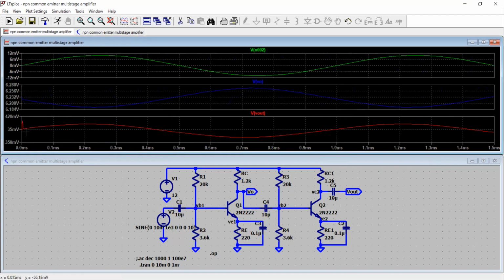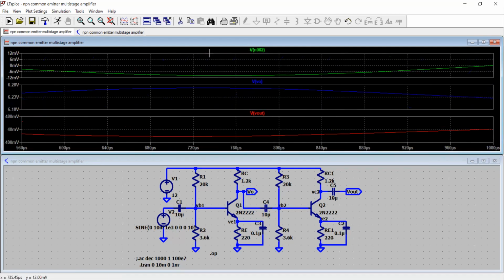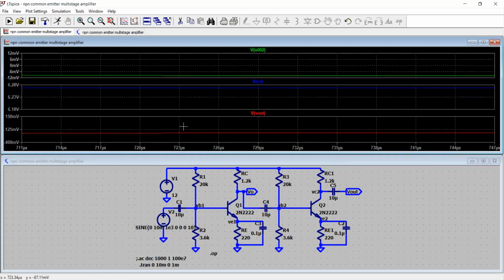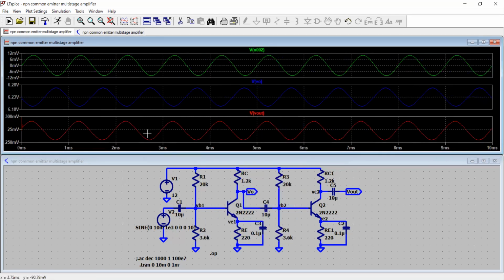For example, this is like 35 millivolt, and this is like the peak value. How much is that? So right click again here, zoom to fit.